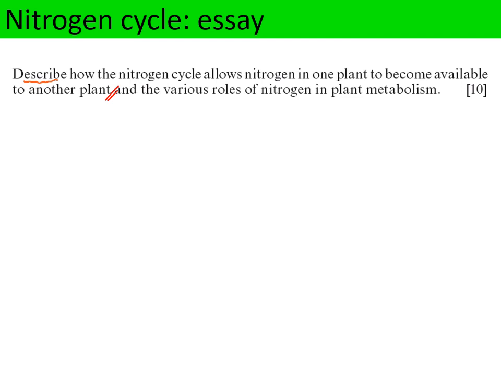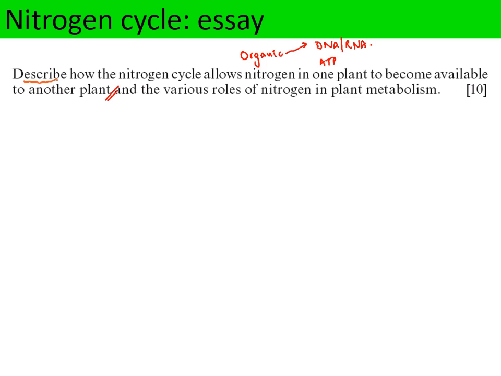Well, we know the nitrogen in one plant is in the form of what we call organic nitrogen, like we've mentioned. So we can start to mention these types of molecules like nucleic acids, nucleotides that are used to make the nucleic acids, and ATP is a nucleotide, amino acids and proteins and chlorophyll, etc. It's organic nitrogen.